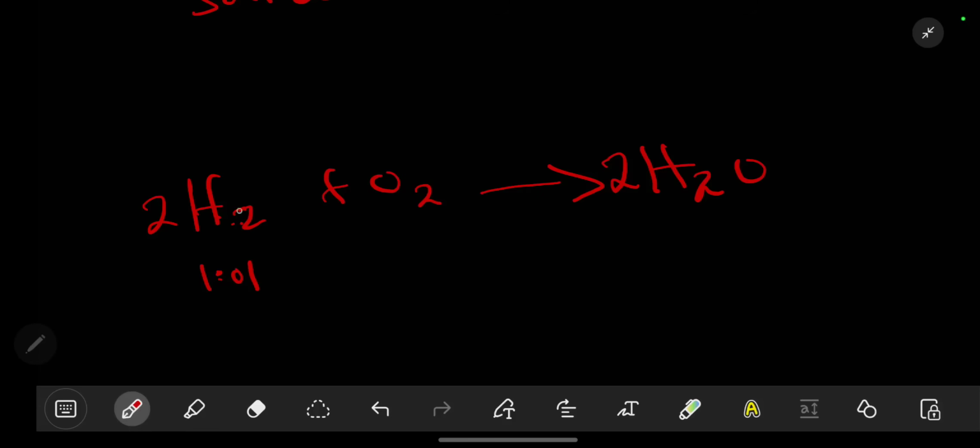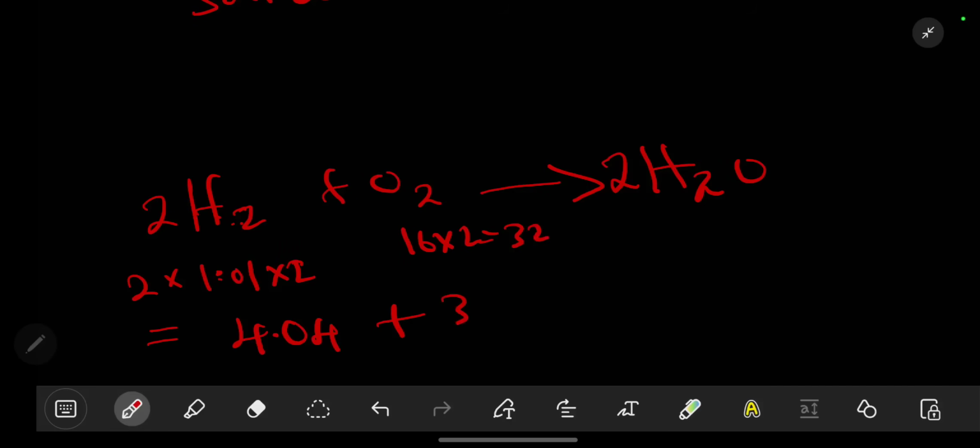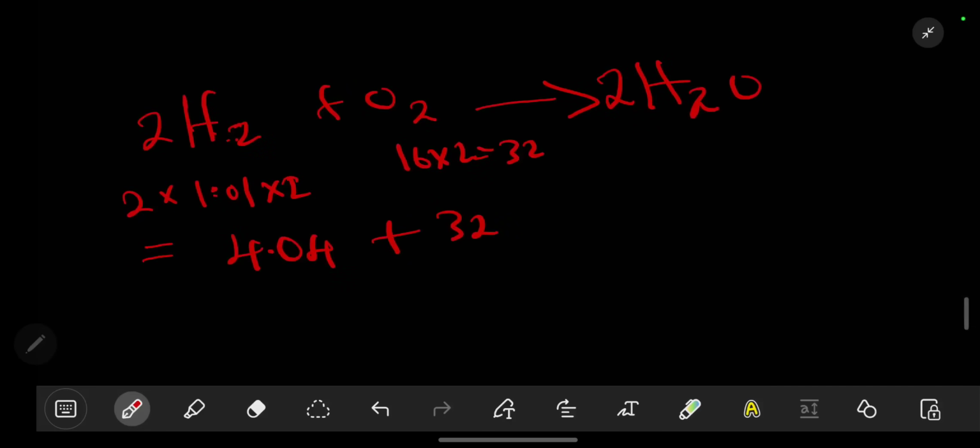We multiply 1.01 times 2, and we also have this other 2, so we have 2 times 1.01 times 2, which gives a value of 4.04. Plus oxygen has 16 times 2, which is 32. If we add 4.04 plus 32, we get 36.04.